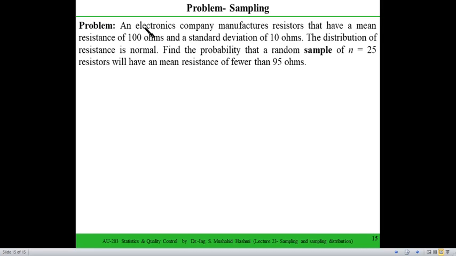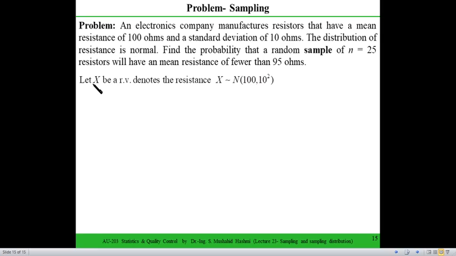It means the population belongs to a normal distribution.